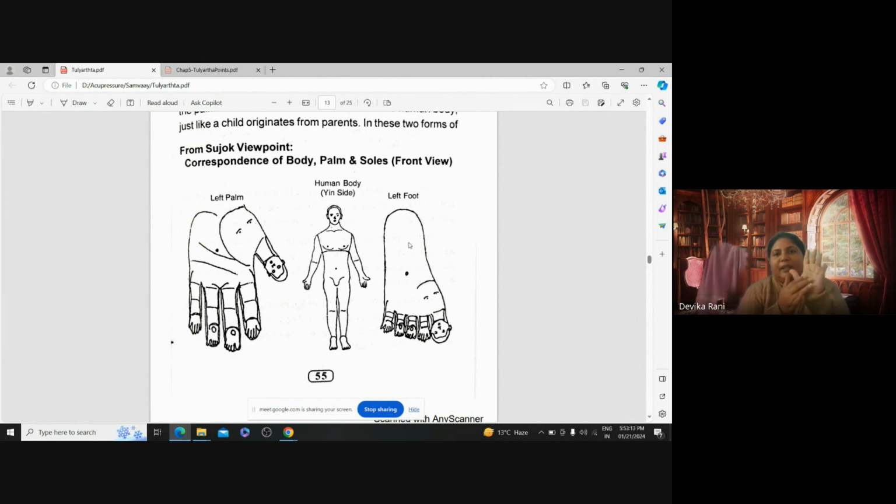And the secondary correspondence of the liver will be over here in the left hand. Because the liver is on the right side, here the liver is more clear, but it's more on the left side. So if we have to treat, we would use it here to be clearer about where the problematic point within the liver is. But this would become the secondary correspondence.